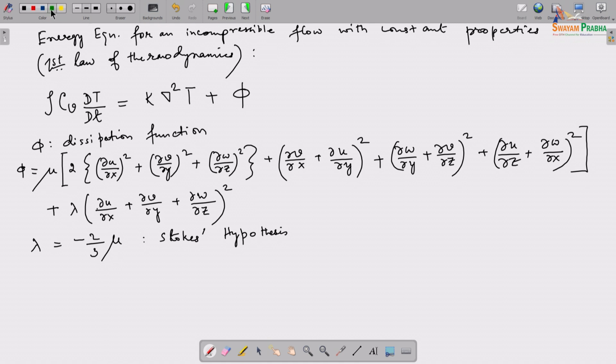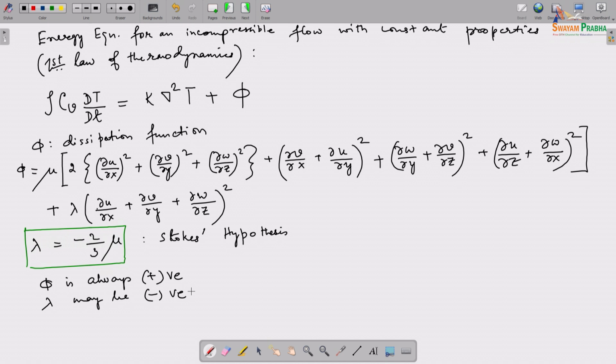One more thing is that the dissipation function, phi, is always positive, but lambda may be negative.